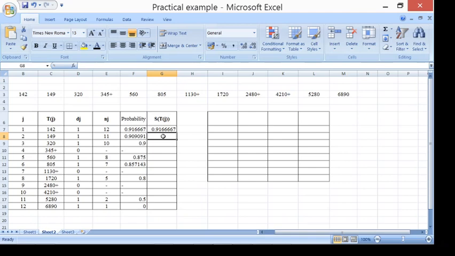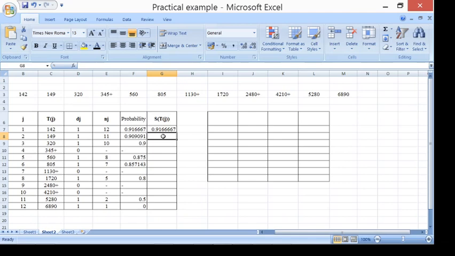Now here we want to calculate the survival probability at time point 149. So we want to calculate the probability that capital T will be greater than 149, that is, the actual survival time will be greater than 149. In order to have actual survival time greater than 149, basically you should be alive just prior to the time 149 minus.